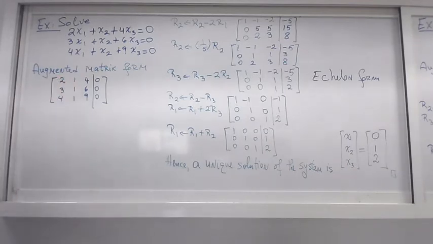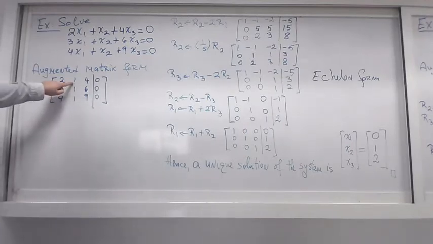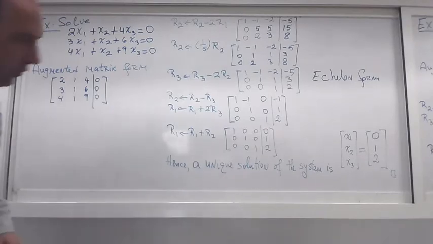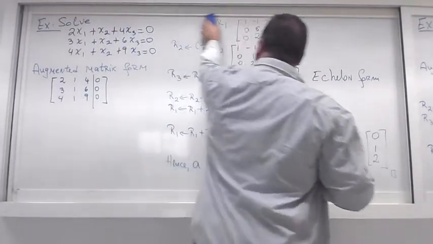That's okay, there's nothing wrong with fractions, it's just that I don't like them. But if you like fractions, you go ahead, just divide the first row by 2, and you will get your leading entry 1, and you keep going from there. Notice you will introduce a fraction, you will have 1 over 2 here. So that's one option, and it's all perfectly legal. There's nothing wrong with that option.